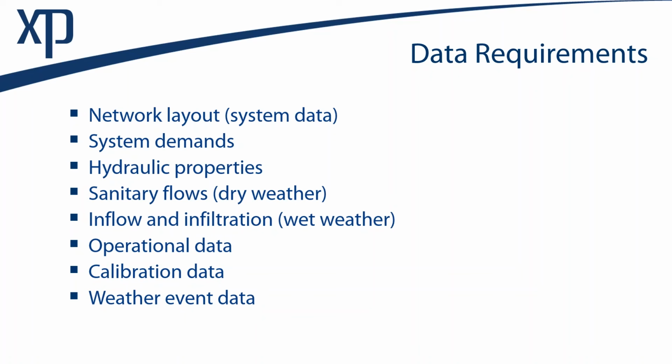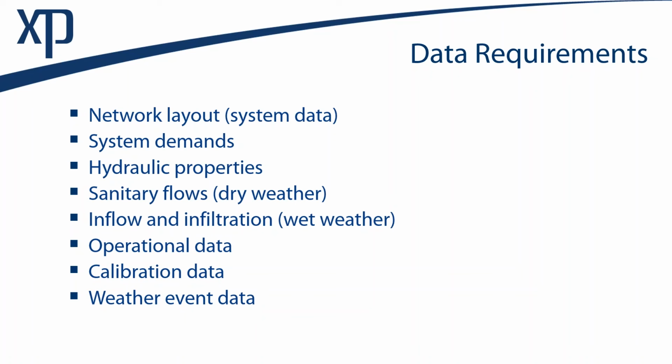Other required data are the hydraulic properties of the objects in the network, and we'll discuss those more as we go through the presentation. Again, we need the dry weather flow. We need to characterize inflow and infiltration that occurs sometimes during dry weather, but typically ramps way up when we have wet weather events.